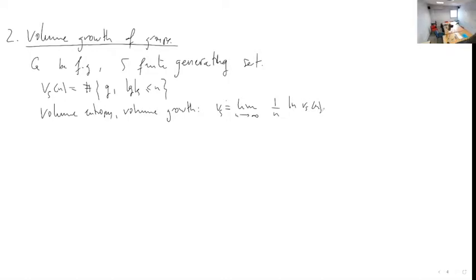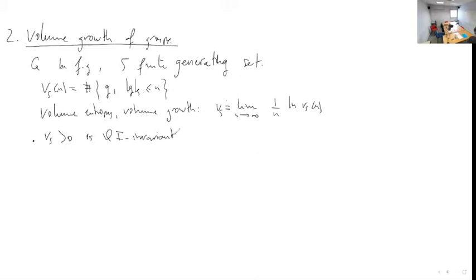So the size of a ball, of course, depends on the generating set. The limit also depends on it. What does not depend on it is the fact that it is positive or not. So v_S positive is a QI invariant, meaning that if you change the generating set, and if for the one it is positive, it is positive for the other.